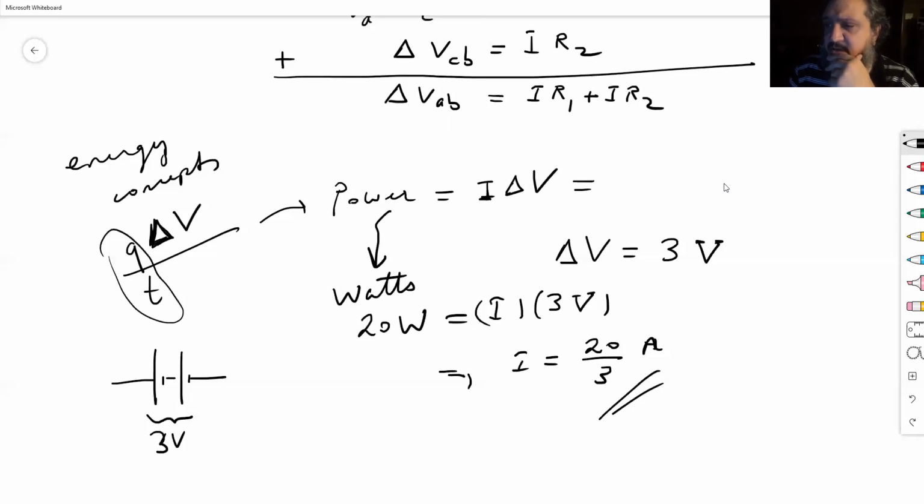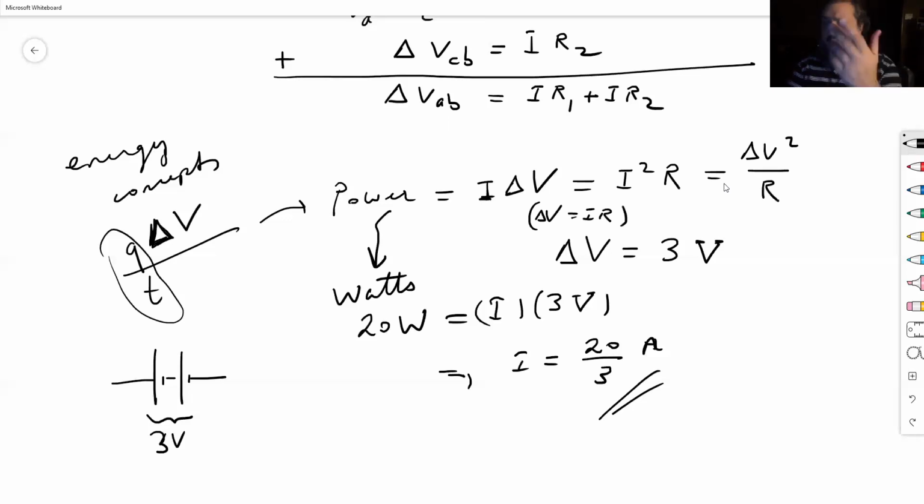Since delta V is equal to IR, power is also equal to I times I R, which is I squared R. Or you could get rid of I, which is V over R, so you would have delta V squared over R. Three ways of writing power.